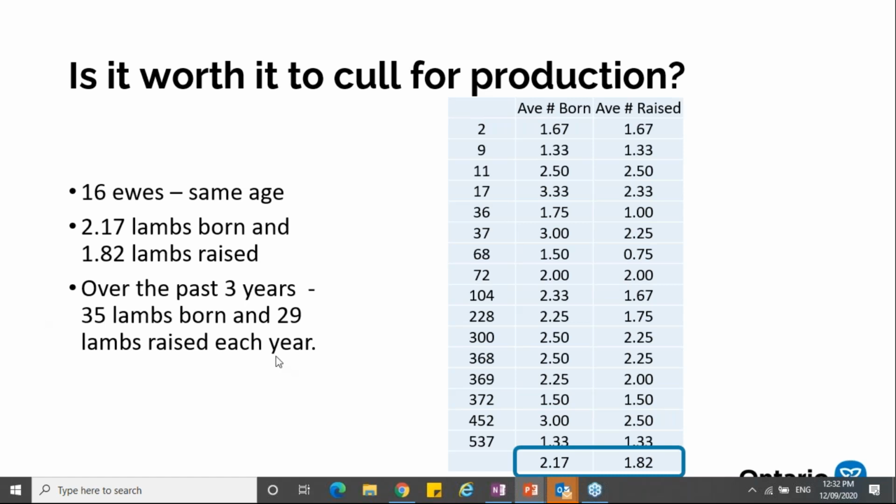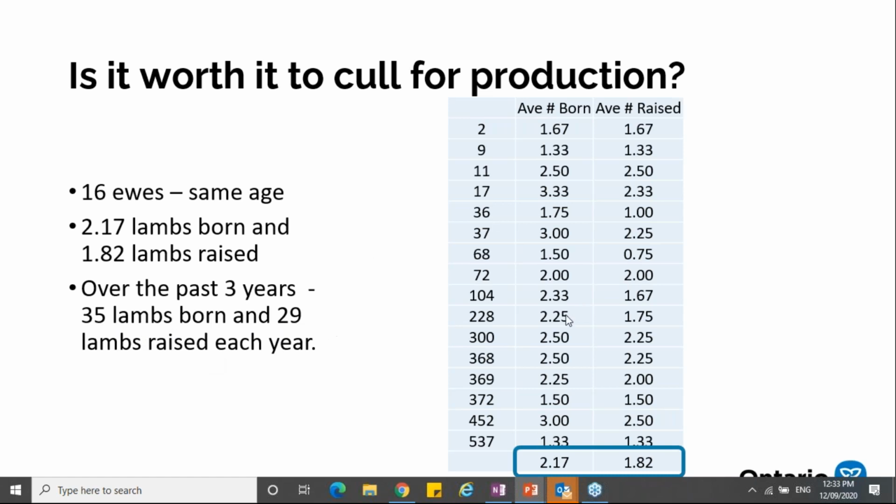On average, they've got 2.17 lambs born and 1.82 lambs raised. Over the past 3 years, on average, there's been 35 lambs born and 29 lambs raised each year. So that doesn't seem too bad, right?